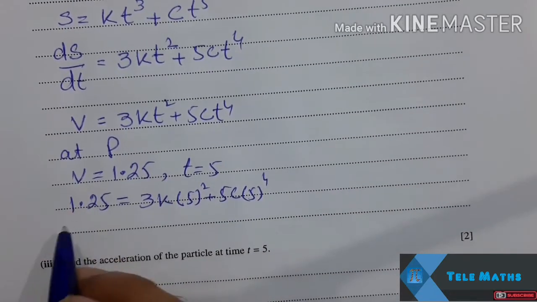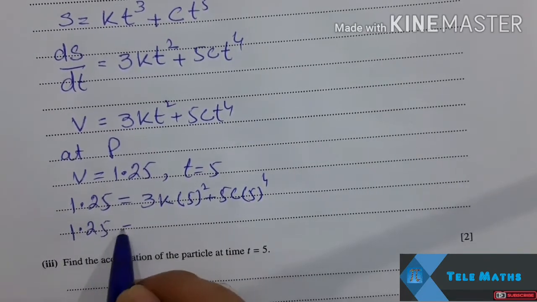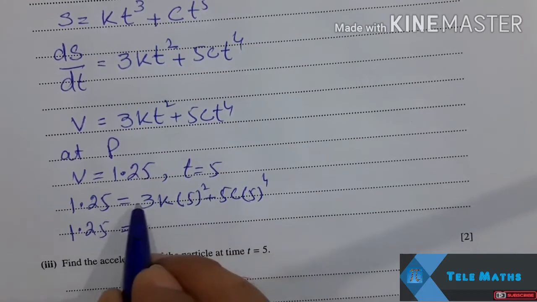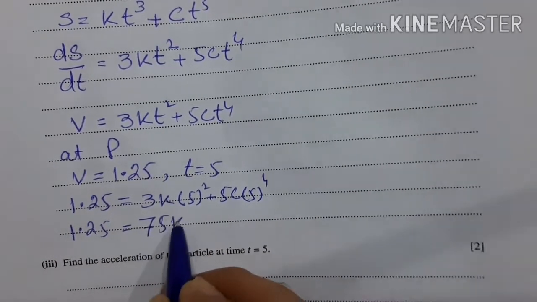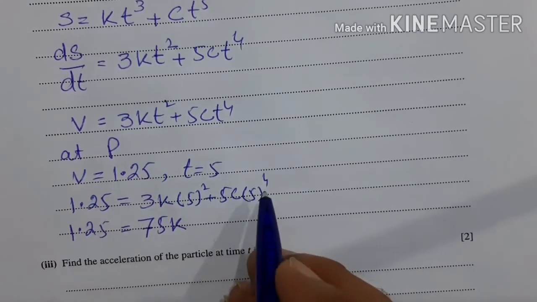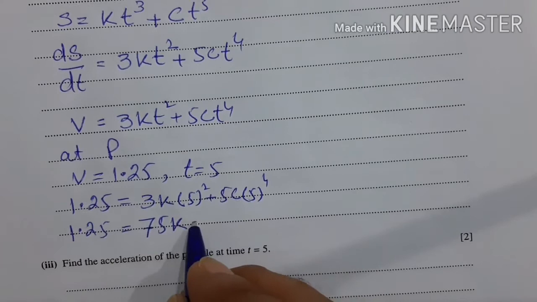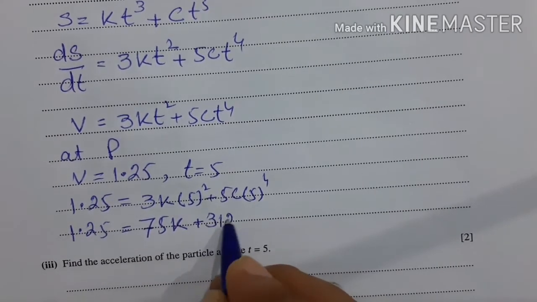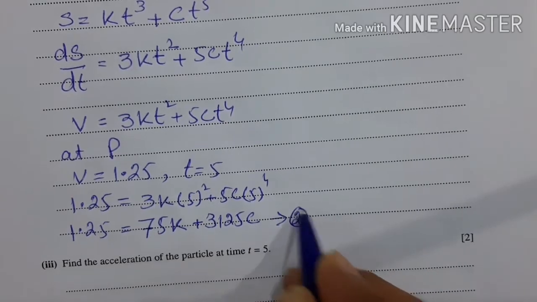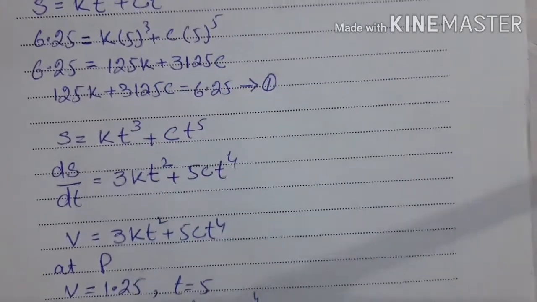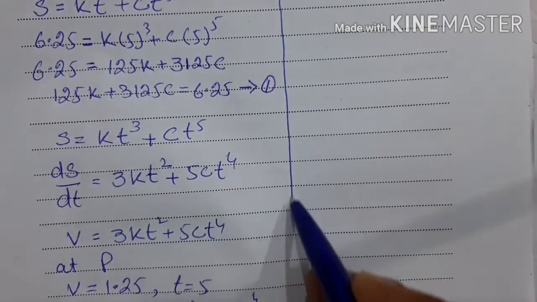So this will become 1.25 is equal to, 5 squared is 25, 25 multiplied by 3 is 75, so 75k, plus 5 to the power 4 is 625, multiplied by 5, which is 3125c. This is my equation number 2. So I got two equations now. I will solve them simultaneously.